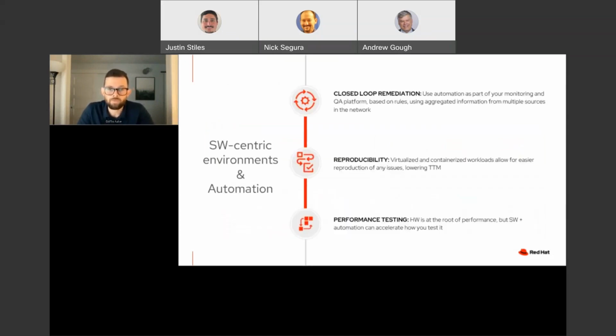Once you have a foundation of software-centric environments paired with automation, you can start to see how this can be applied to testing and monitoring. Tighter feedback loops, for example, if there is a service that goes down in the network, you can not only be notified of the issue, but have active steps taken to remediate it.